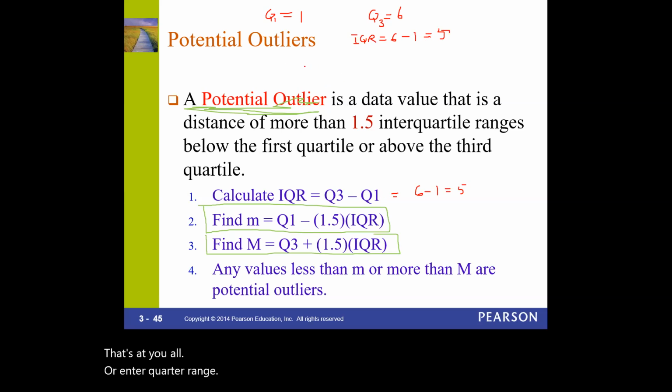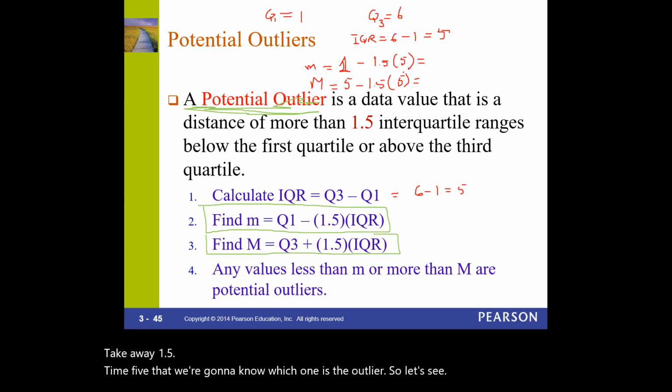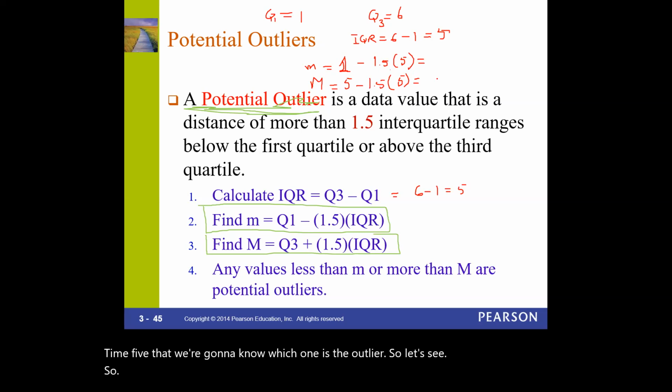So how do you get m? Little m is equal to Q1, which is 1 in this case, minus 1.5 times 5. And then big M will be Q3 plus 1.5 times 5. That's how we know which one is an outlier. So how much is 1 take away 1.5 times 5?